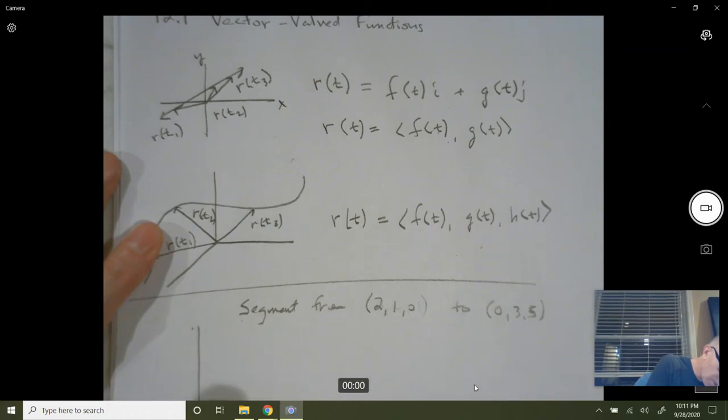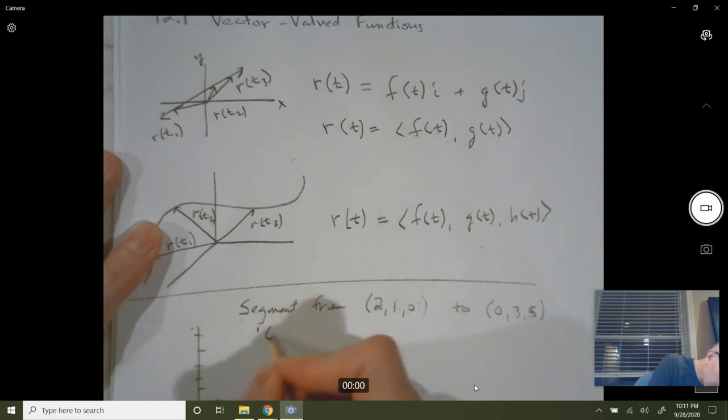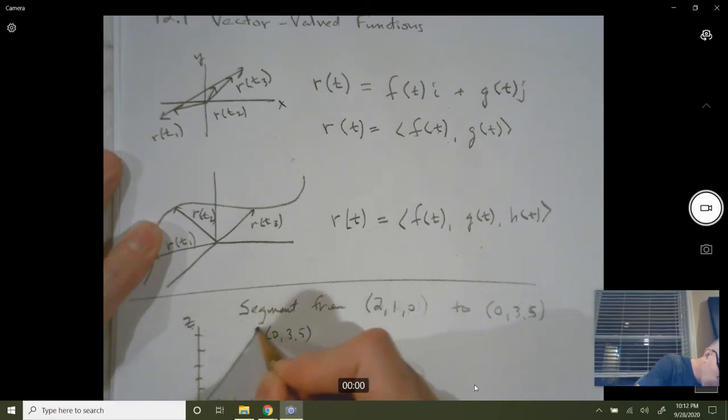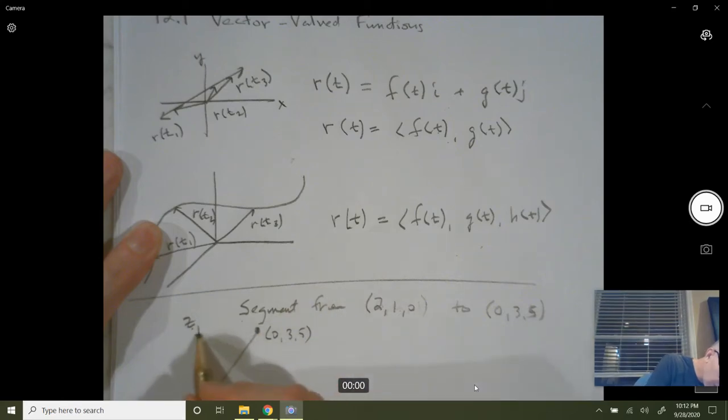So we want to go from this point 2, 1, 0 to the point 0, 3, 5. Okay, so you're going from a point on the xy plane to a point on the yz plane. So this would be your vector valued function of this line segment. Okay, and that point might look like this over here.